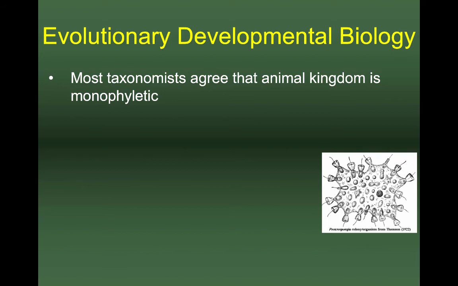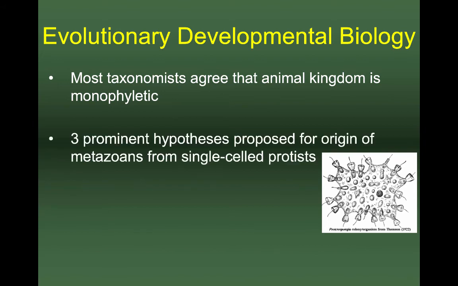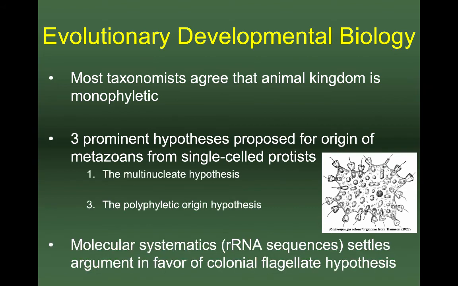All right, so there essentially were three hypotheses that tried to explain how animals might have arisen from single-celled protists. And so, out of order here for some reason, the first one was a multinucleate hypothesis. Essentially what this said was that maybe there was a cell that for some reason began to do cell division, so it did mitosis, but never completed cytokinesis.